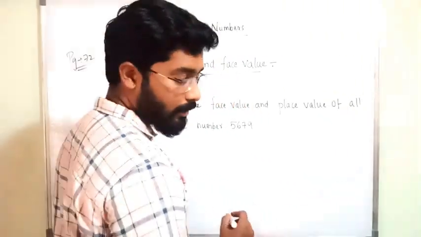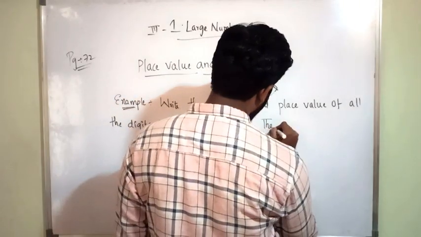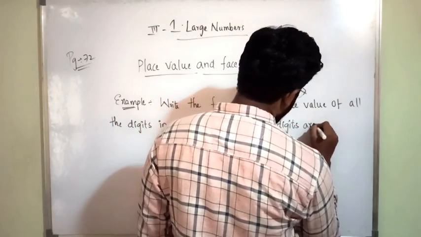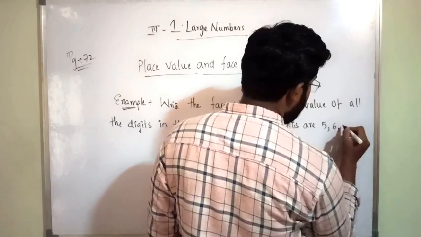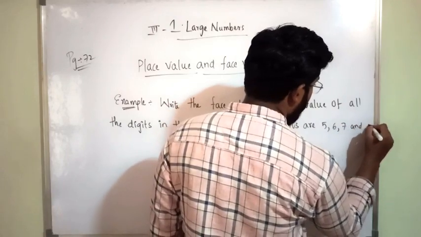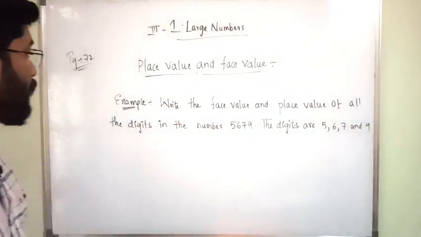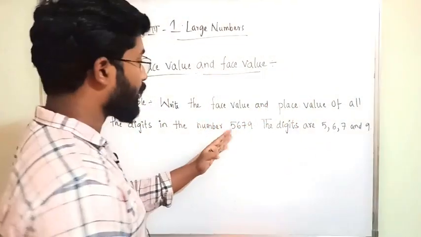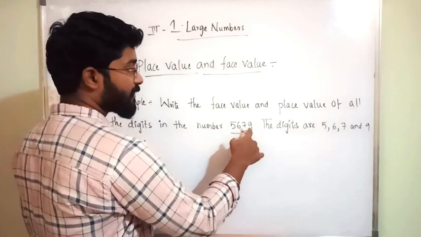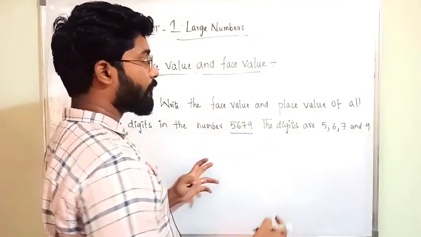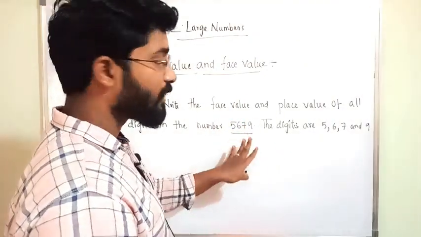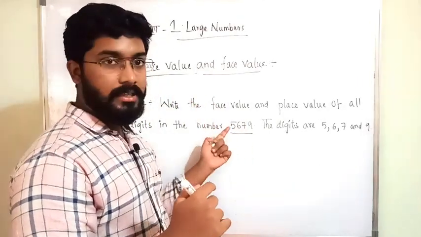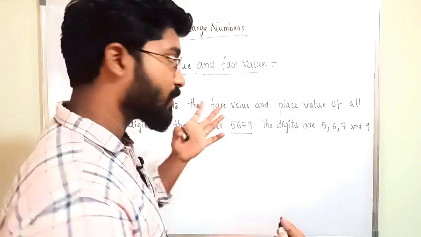The digits are 5, 6, 7 and 9. So write the face value and place value of all the digits in the number. How many digits are there? 4 digits. So what are they? 5, 6, 7, 9. For these 4 digits we have to write the place value and face value.